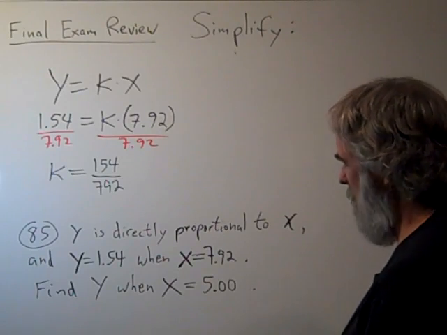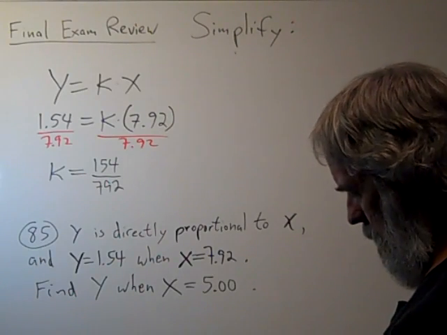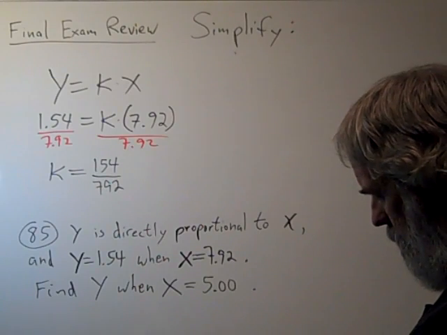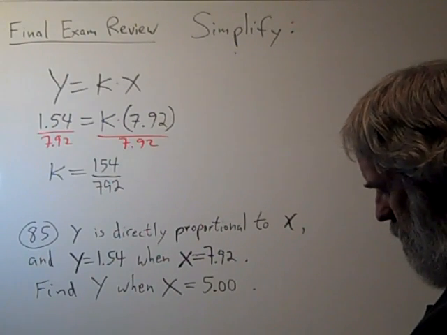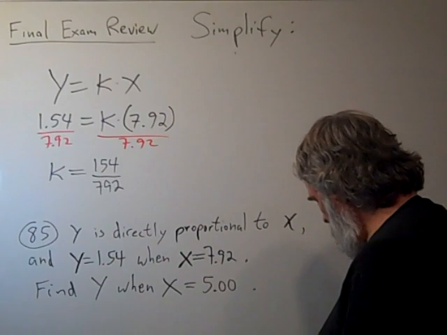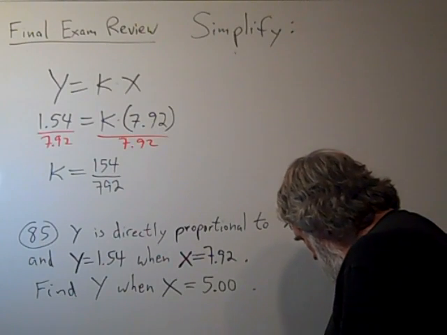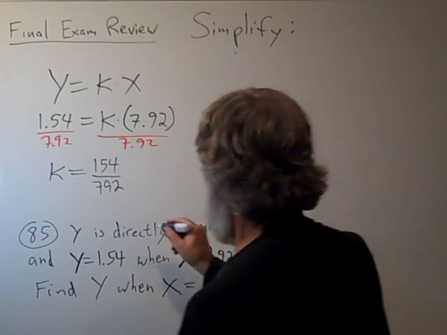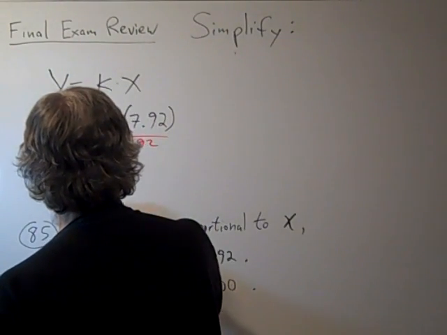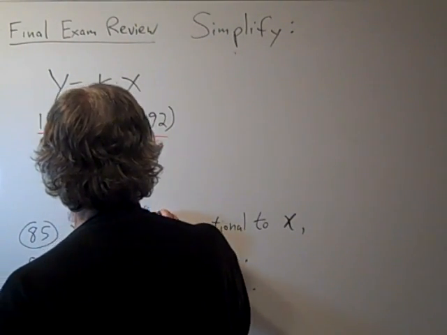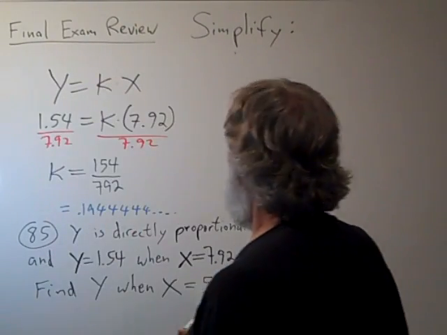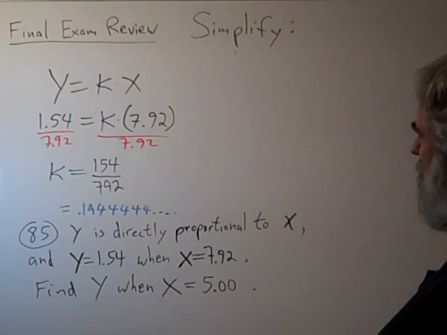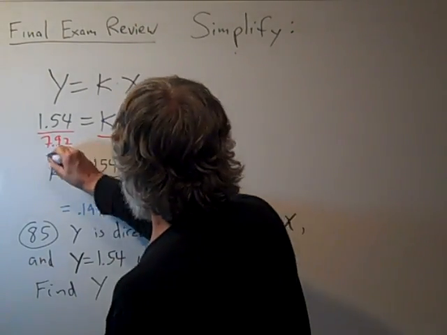Let's see what it is dividing it, but usually it's better just to leave it in fraction form. Well, that's, you know, 0.194444. But it's better to leave it in fraction form so you don't have to write so many digits of a decimal expansion. So we're going to use this for our K.